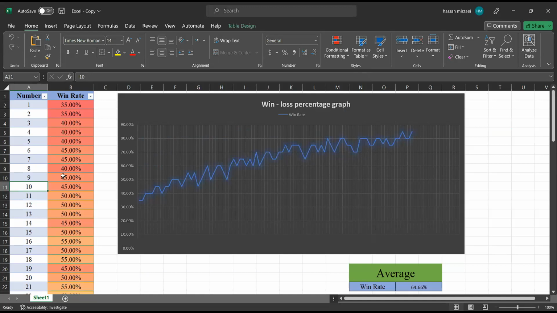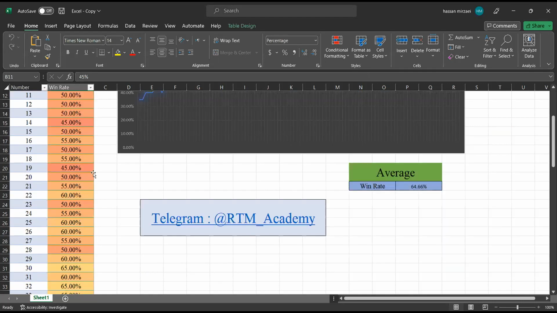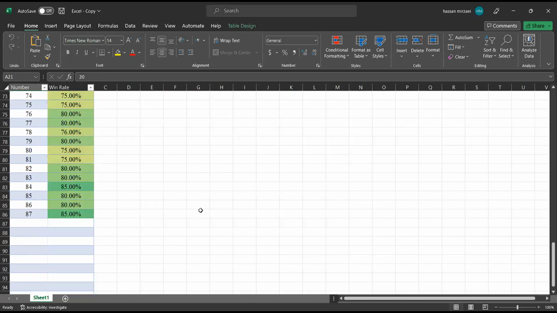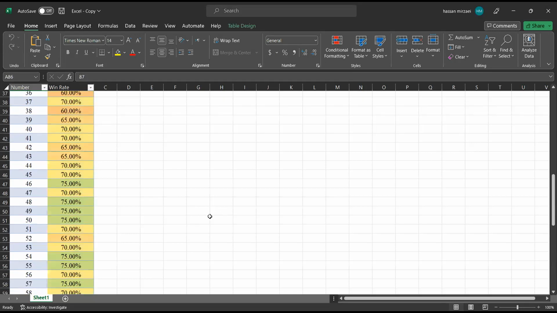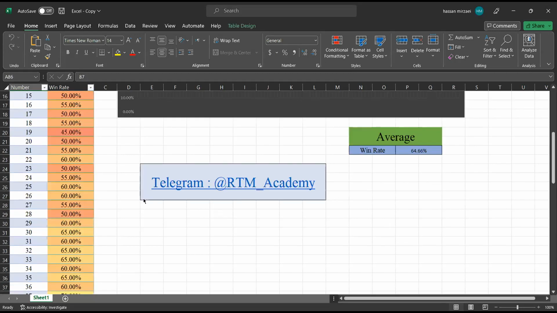After 200 backtests, you will have a 45% win rate, and after, for example, 400, it gets to 50%, and after about 2000 backtests. You need to have a lot of backtests. It's the key point of being a good trader.